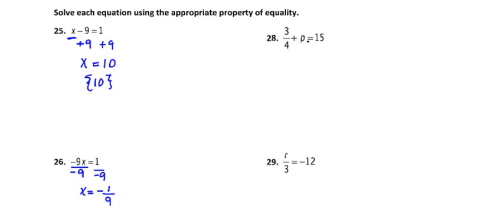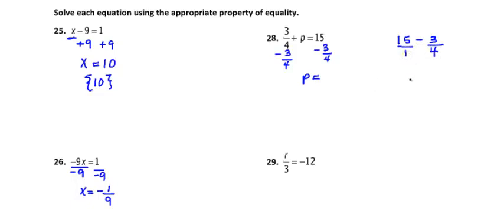Three-fourths plus p equals 15. This is a number that's added to p, so we can subtract 3/4 from each side. P is equal to 15 minus 3/4. But to do 15 minus 3/4, we have to get a common denominator.